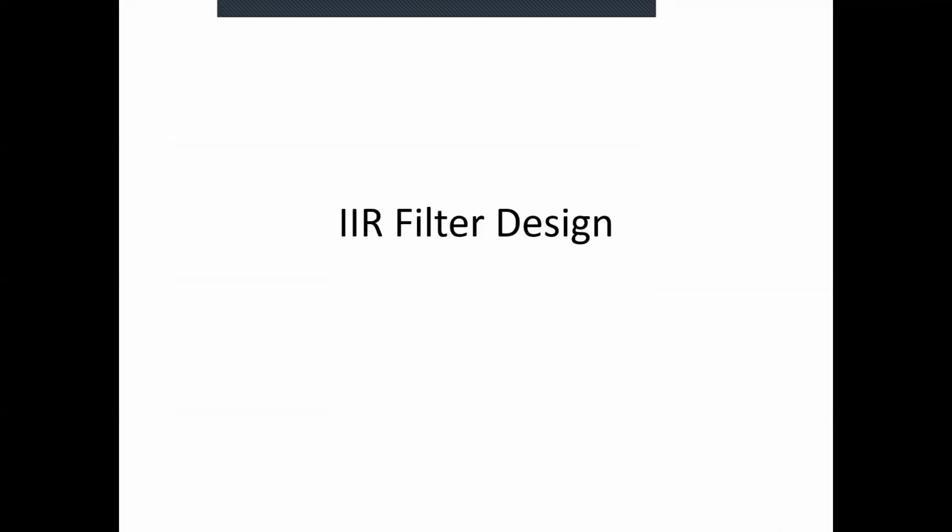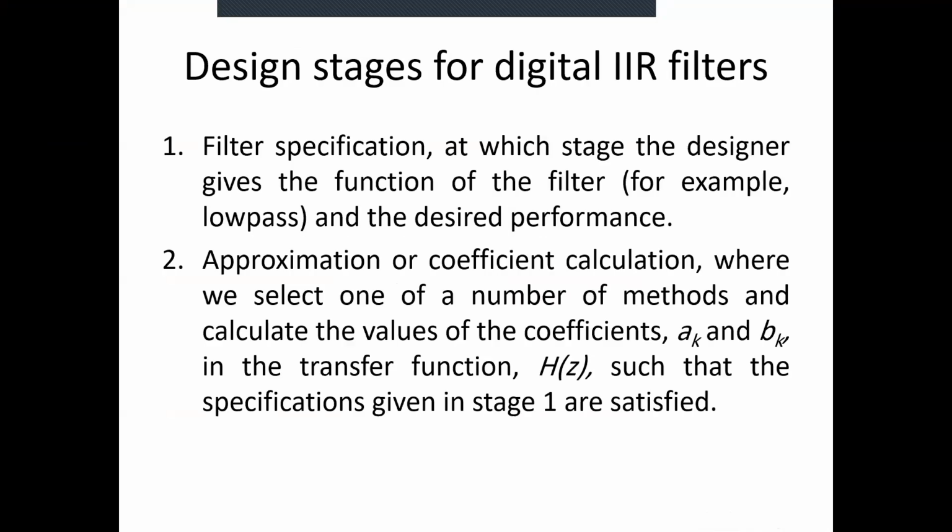The first technique is called the pole zero placement method, the second technique is called the impulse invariant method, and the third one is the bilinear Z transformation. Now, let's talk about the first technique, the pole zero placement method. Of course, how are we going to design an IIR filter? We have some steps we have to follow.